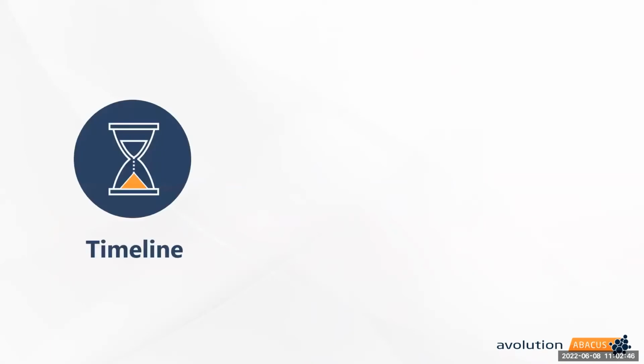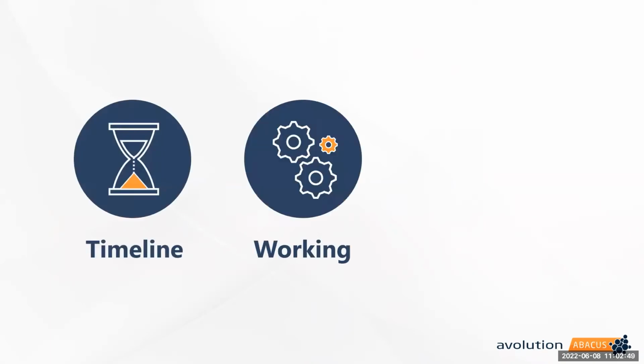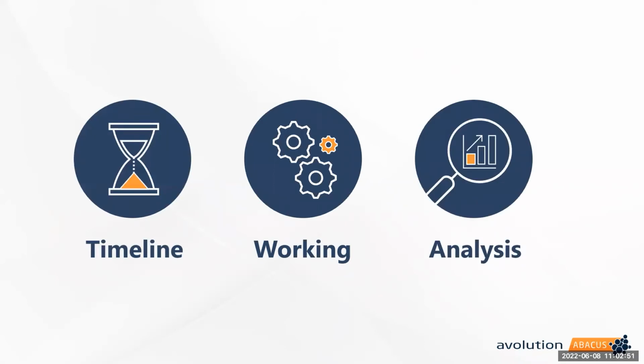Through this presentation, we're going to look at different states of architecture styles grouped into 3 main categories: the timeline category, a working category, and analysis. We'll explore the main benefits of using each type of state, and specifically the benefits they can provide to you and your organization. As I mentioned, I'll be demonstrating this in Abacus towards the end of this presentation.